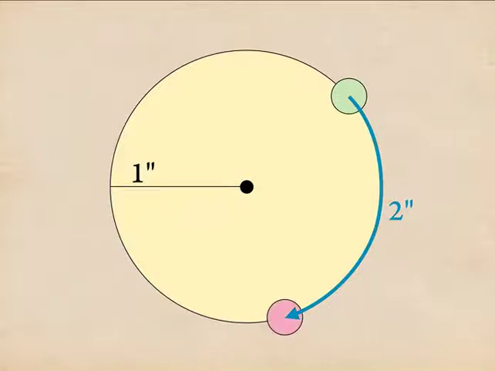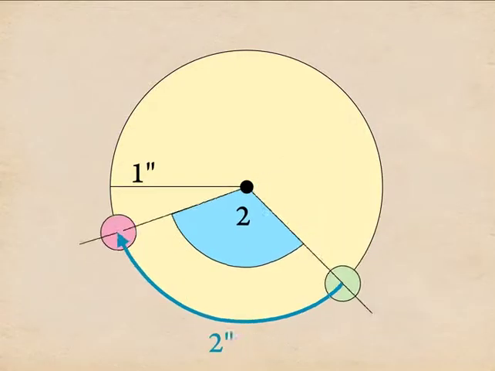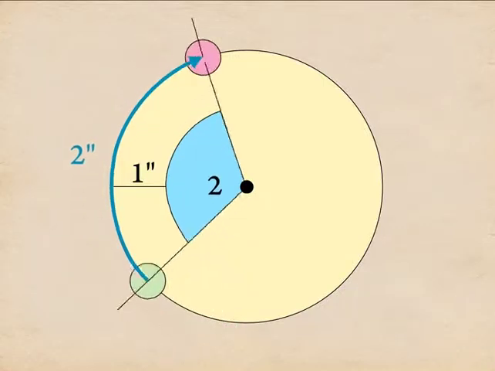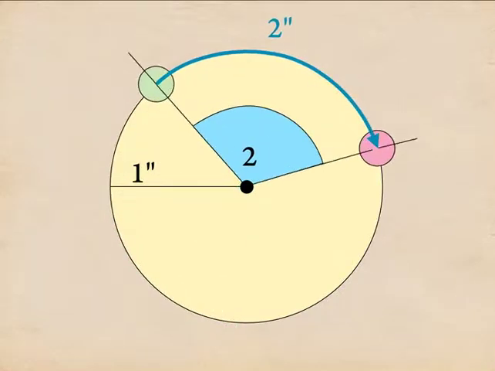Then if I draw lines from the center out to my starting and ending points, the angle formed is 2 radians. And as we saw before, it doesn't matter where I begin or end. If I'm walking 2 inches around the outside, I'm forming an angle of 2 radians. These are just 2 different ways of representing the same thing.